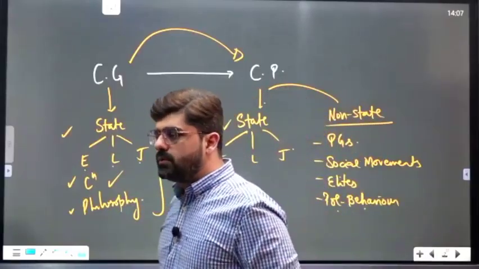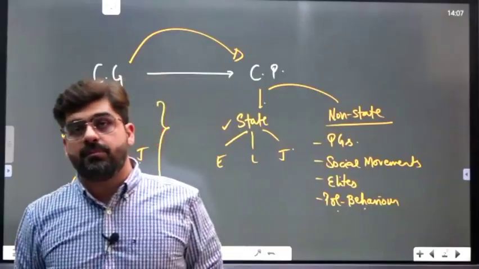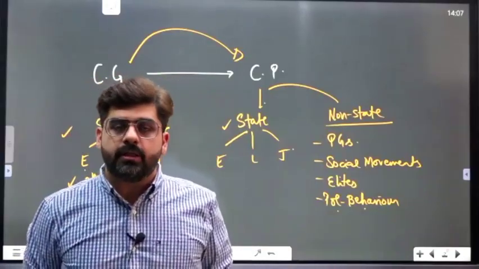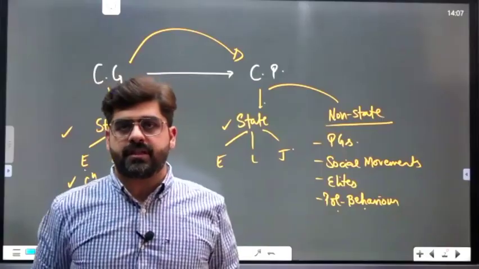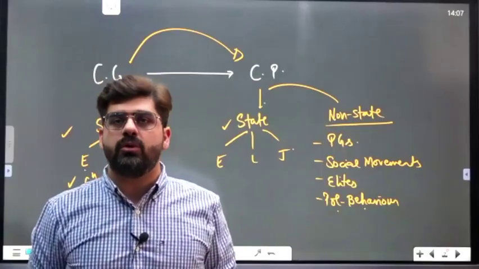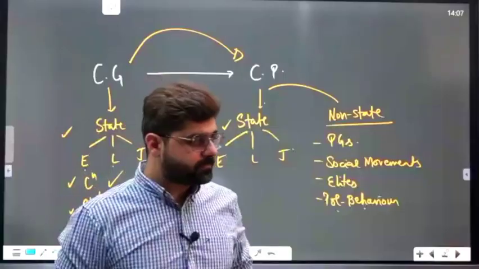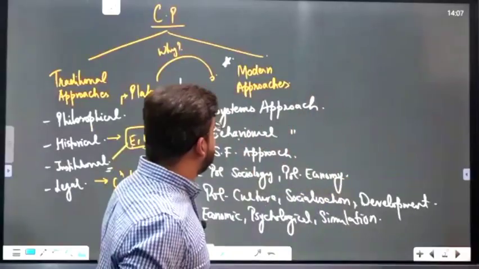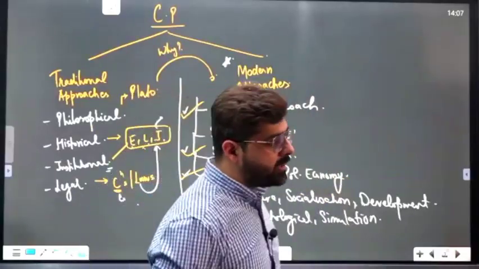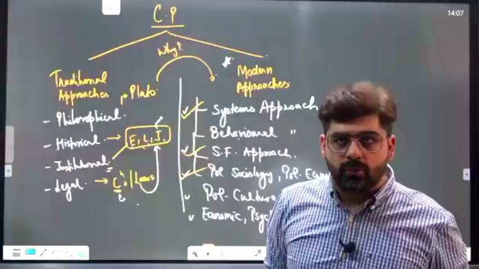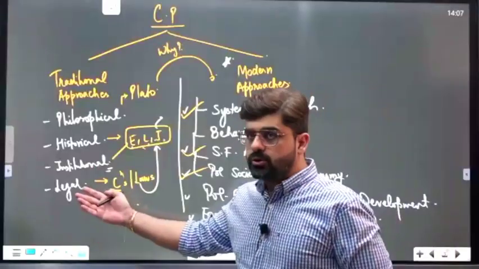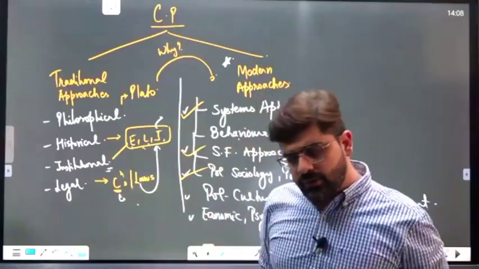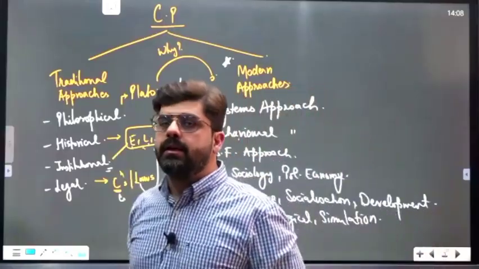And after Second World War, we have made a transition from comparative governments to comparative politics, whereby we have included various other aspects which impacts politics, not only the study of state. Then we said that the way comparative politics has been studied is via two approaches. One is the traditional approach, which includes philosophical, historical, institutional, and legal. They have their own benefits, but they have their own limitations.